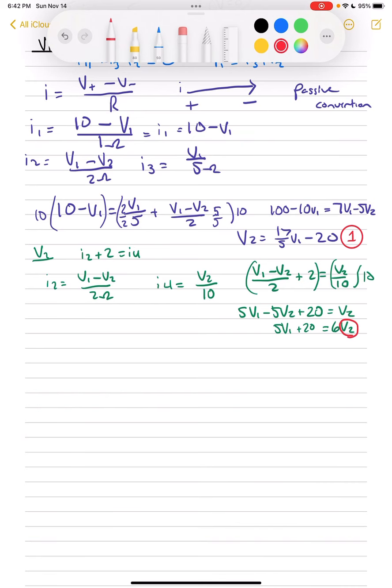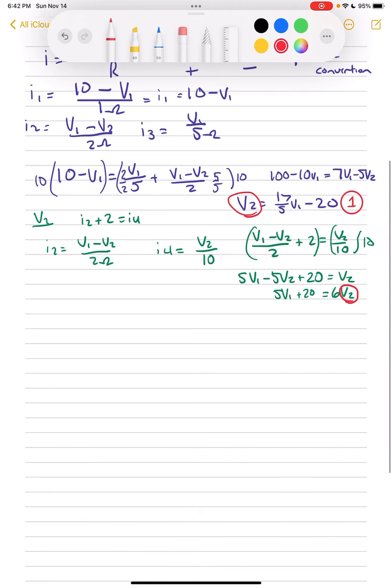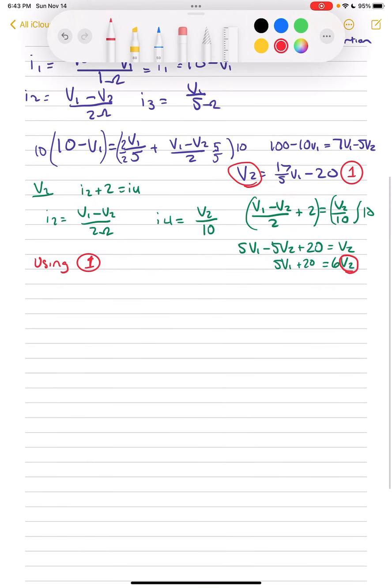We found V2, and we can just plug these back in using substitution. So using equation number 1, we're going to get 6 times 5V1 minus 20 is equal to 5V1 plus 20.